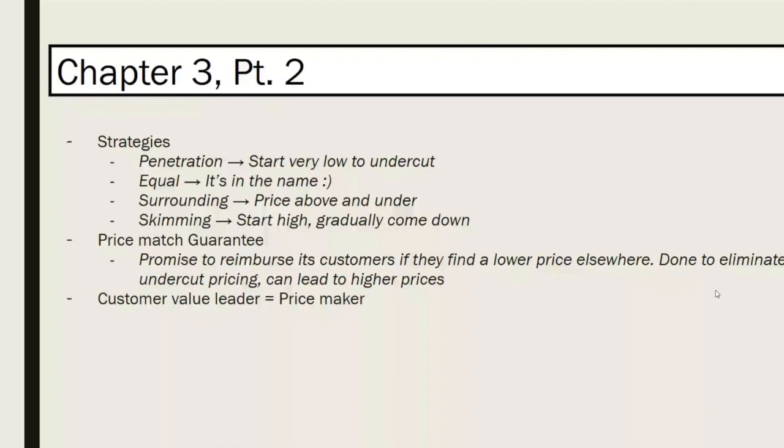Not always true, but this is the way price skimming works. You also have an auction format, which we don't really discuss that much in revenue management. It's the opaque method, where people go on an auction, and whoever has the highest bid gets the hotel room. But that is not necessarily the most efficient strategy, because very often you don't get the price that is best for you.